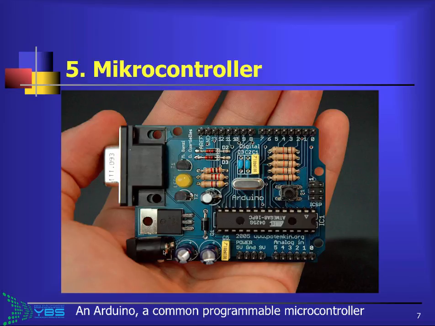Many such systems are known as embedded systems. The computer in your car, for example, is an embedded system. A common microcontroller that one might come across is called Arduino, as you see on the projection screen.